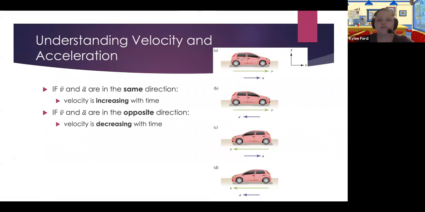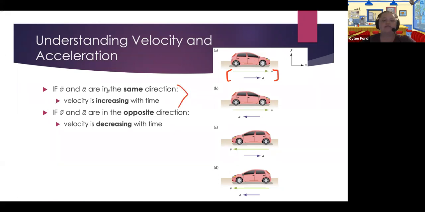You can see at the bottom of each that they have these arrows representing velocity and acceleration. For each of these, they have a different orientation or direction. We want to note these two different scenarios.